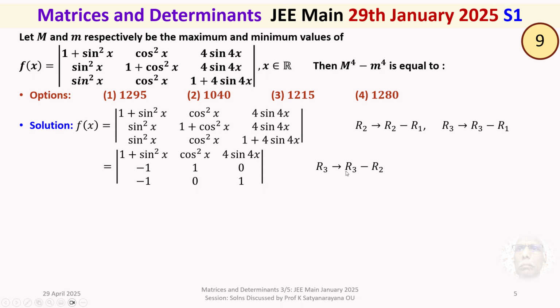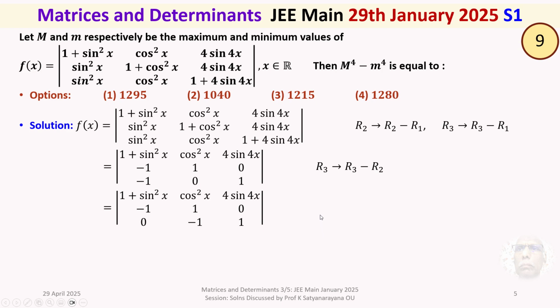Now I make another elementary row operation: R3 is R3 minus R2, so that the third row first column entry is 0. The first row stays as it is, the second row as it is, and the third row becomes 0, minus 1, 1.